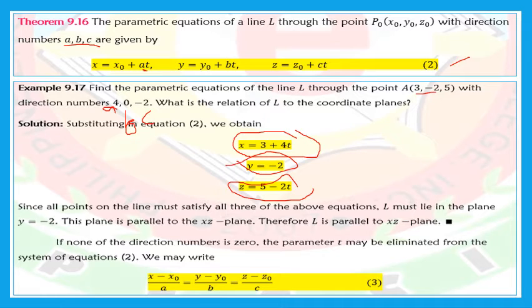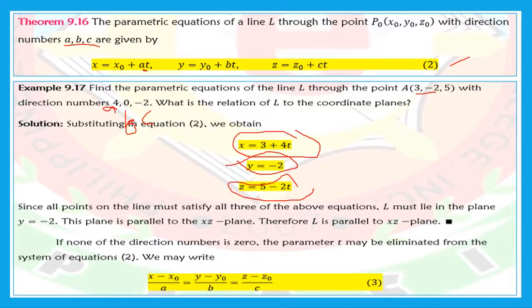If none of the direction numbers is 0, the parameter t may be eliminated from the system of equations 2. So we may write, kung walang 0 sa direction numbers natin, if possible ba? Kasi hindi always na may 0. So, ibig sabihin nun yung parametric equations is lahat may variable t.